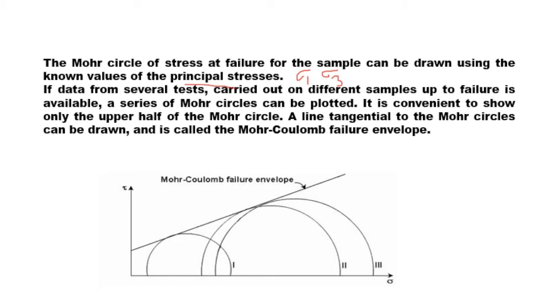You see there are three Mohr circles, meaning three samples are tested, and a tangential line touching all the circles is called the Mohr's failure envelope. As the number of tests increases, the Mohr circles increase, but the failure envelope remains the same.